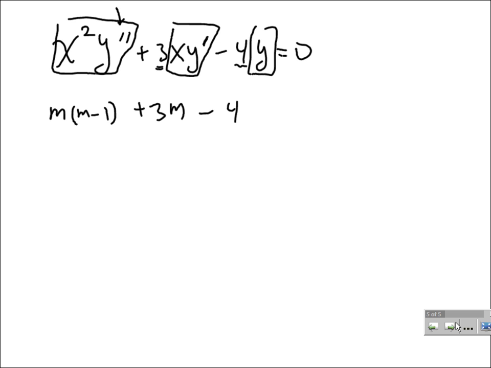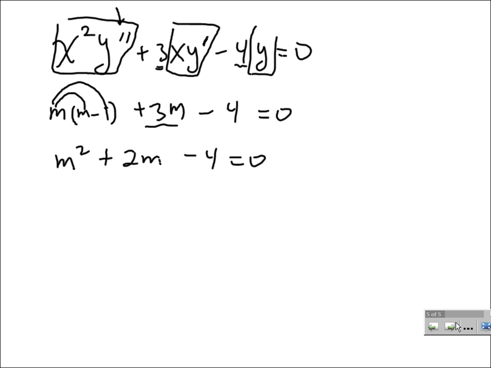Minus 4, and since the derivative is understood to be 0, write down 0 numbers. And this is 0. Now we can solve this. We have m squared minus m plus 3m. You take away m, you add 3, you're at plus 2m. Minus 4 is equal to 0.